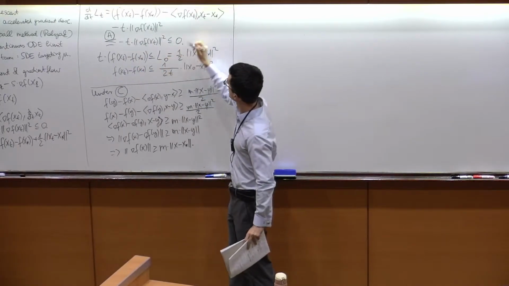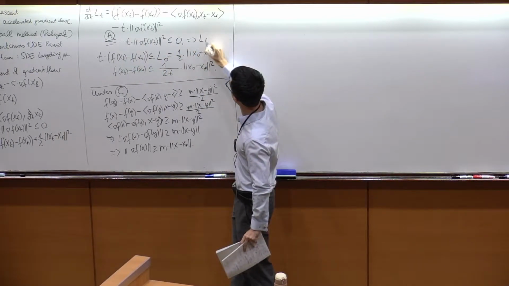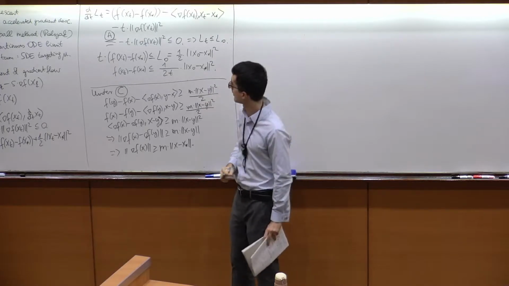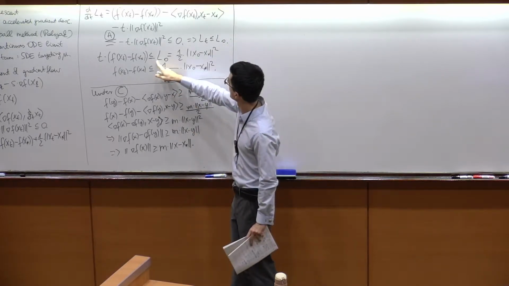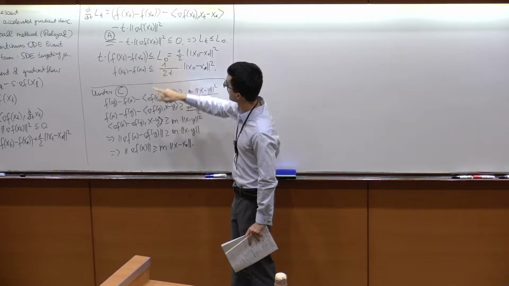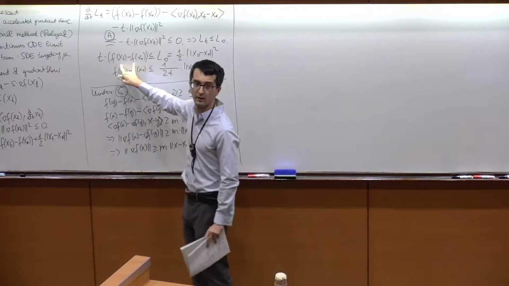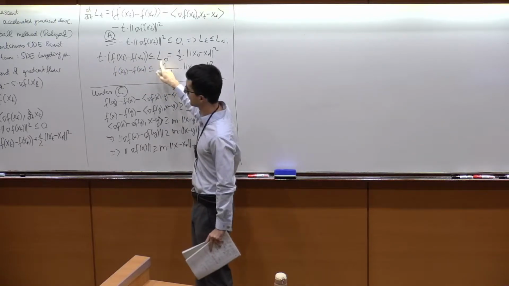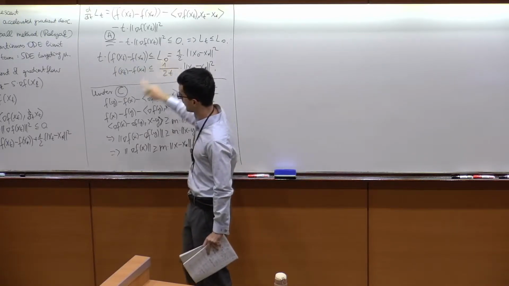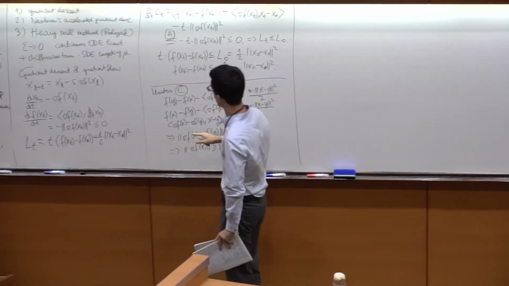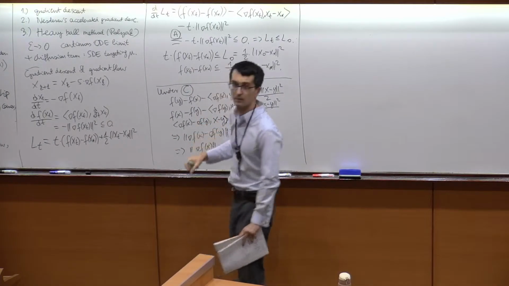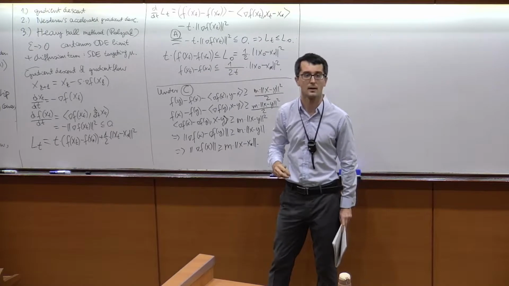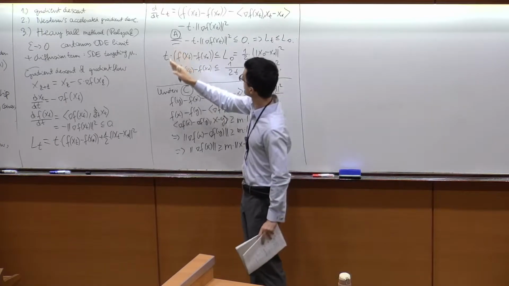So this means that L_T is less than or equal to L_0. So that is positive. So here in L_0 there's no such term, but that is an additional term to the left.